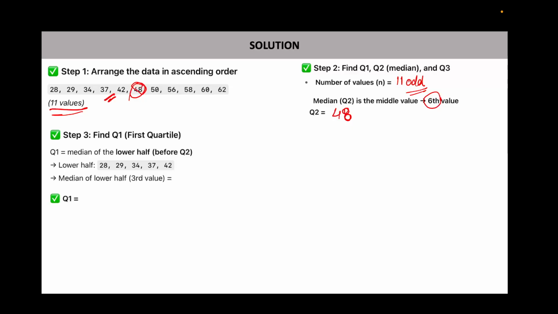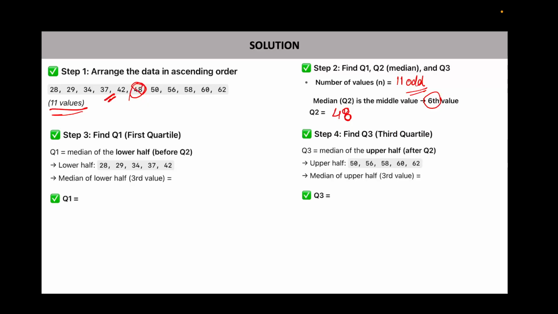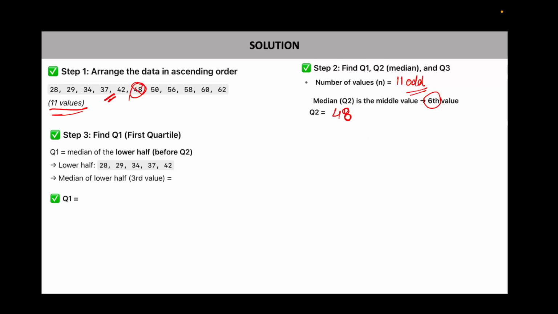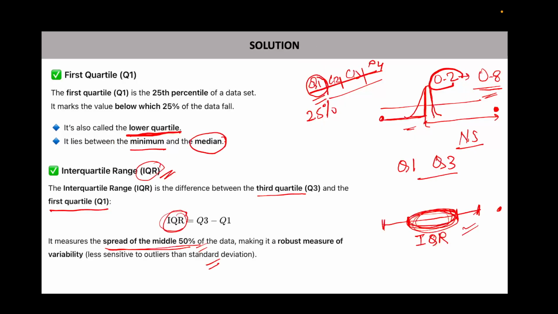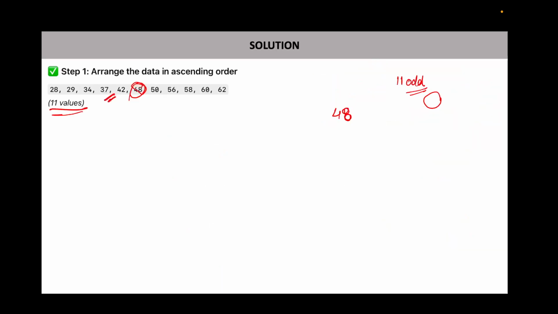Now we need to calculate the first quartile. When we were talking about Q1, it lies between the minimum value and the median value.